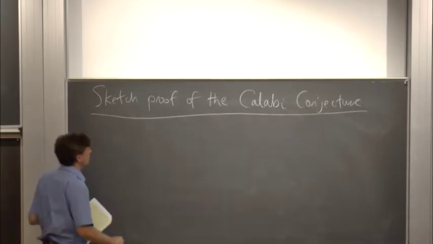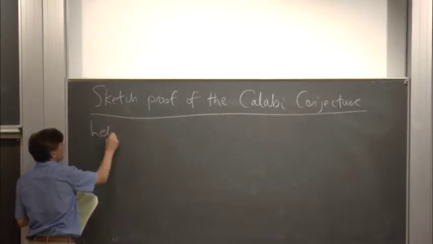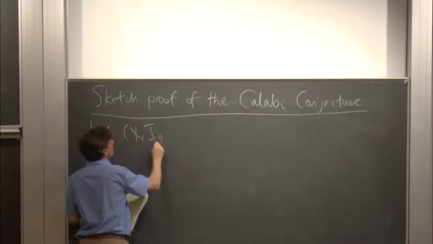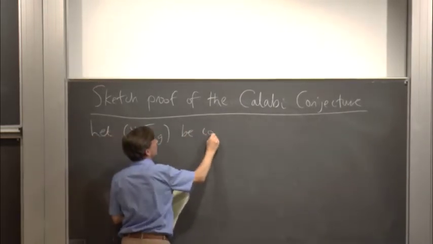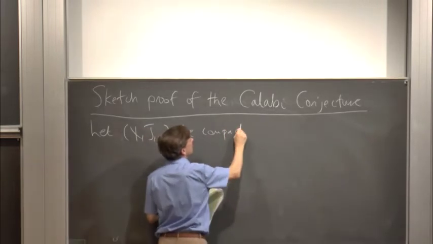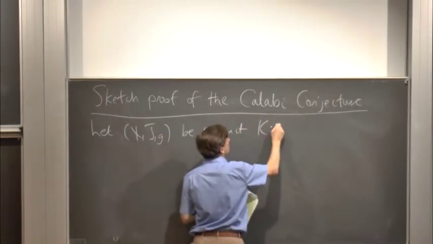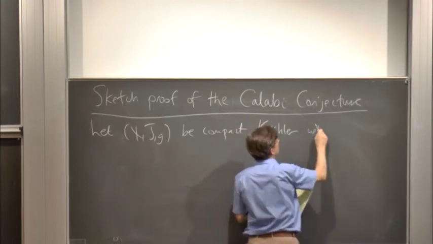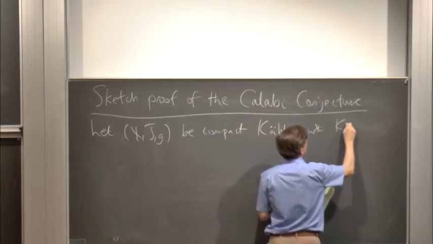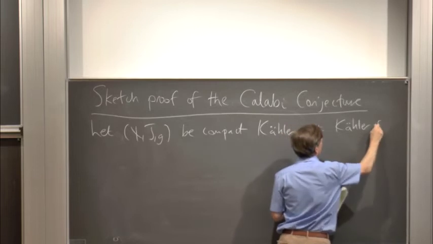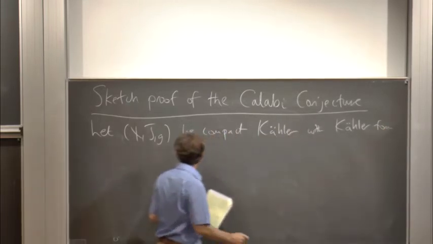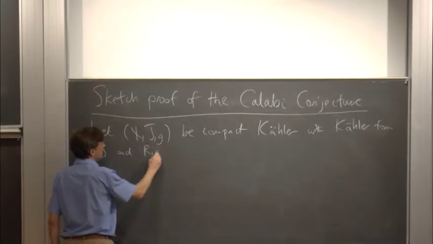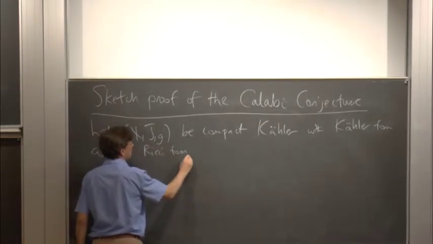Right, so as in the statement of the conjecture, let (X, J, g) be a compact Kähler manifold with Kähler form omega and Ricci form little rho.